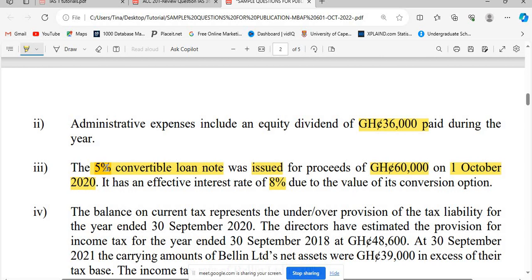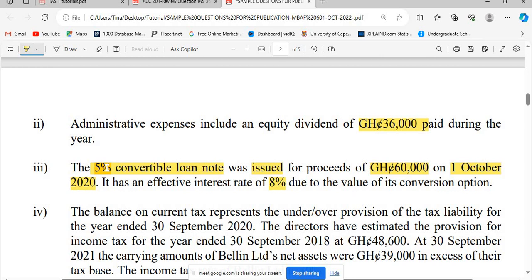Okay. So let's go through what the standard IFRS 9 says when you have a convertible loan note. The standard says that when you have a convertible loan note, you split it into a financial liability and equity. What a convertible loan note means is that you have issued loan notes to investors, and you are telling the investor that on the day of maturity, they have an option to convert their loan note into shares.